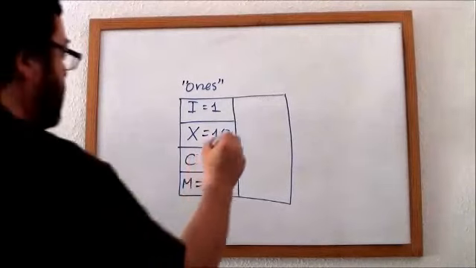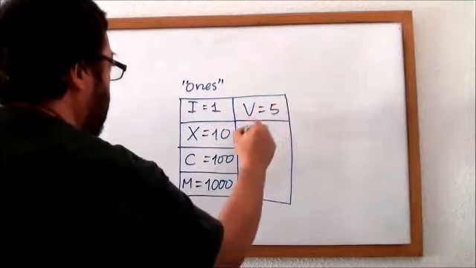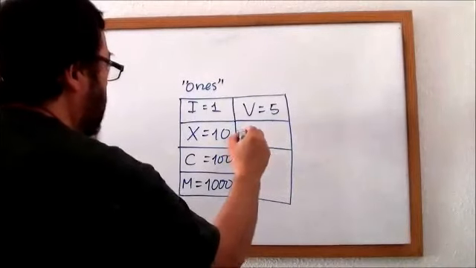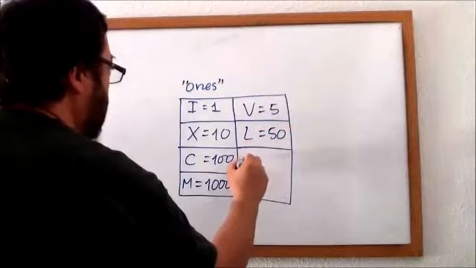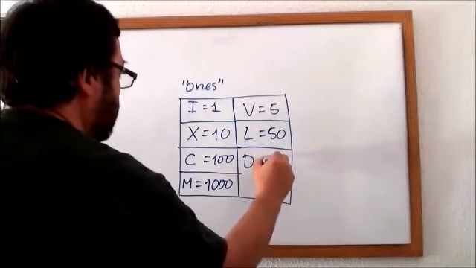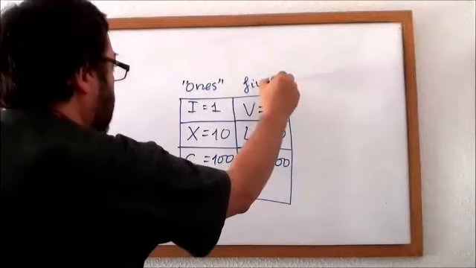And the 5s are letter V, which equals 5, letter L, which equals 50, and letter D, which equals 500. These are the 5s.